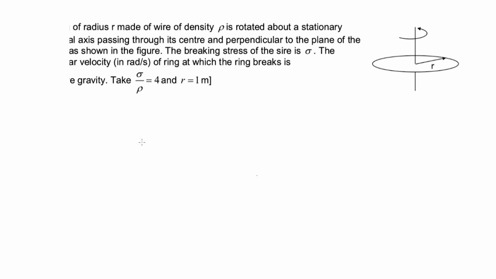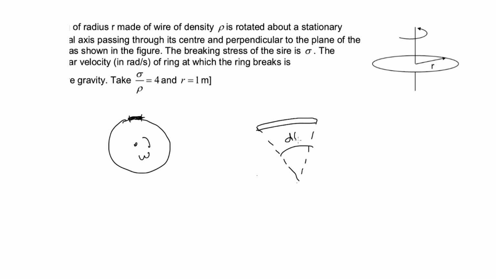Okay, if it is rotating with omega, then I will draw the free body diagram of a very small portion, this one. It can be assumed to be a straight part which makes an angle d theta at the center, where this equal part is r d theta by 2.